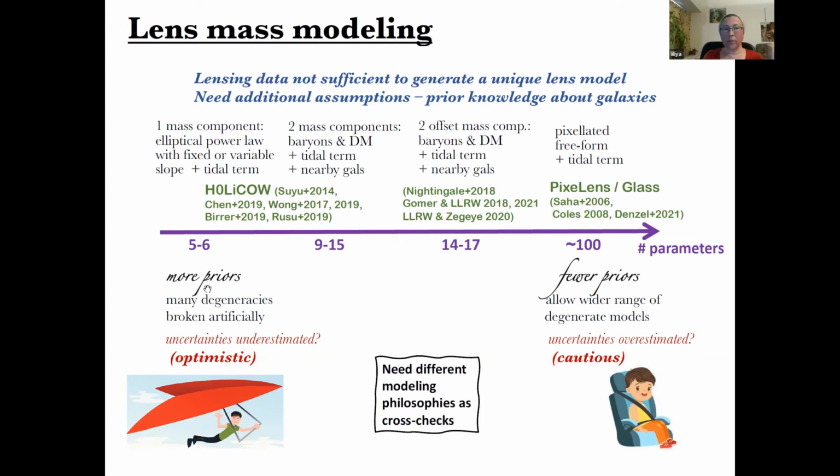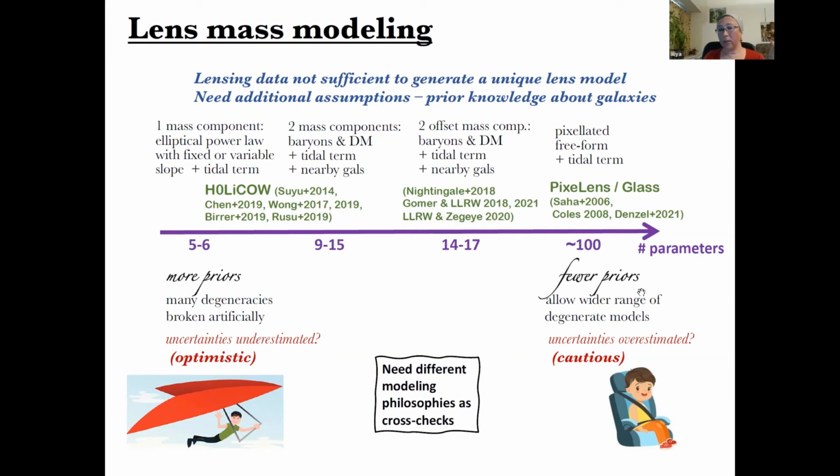Many of the degeneracies which are present in lensing would be eliminated, some of them at least, by the strict priors that you put. In that case, the uncertainties could be underestimated. This is kind of saying I have an optimistic view of the lensing situation because I'm pretty confident about my parameterization.